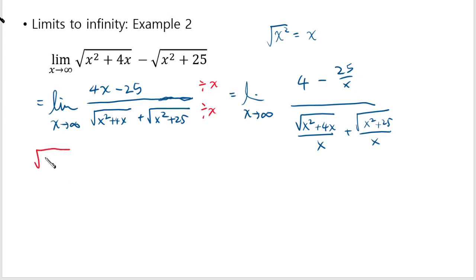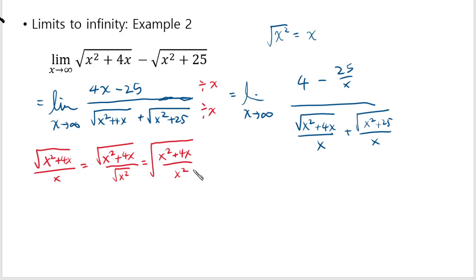You can take this part and make the denominator look like square root of x squared, so that you can put it into a single square root. Then you can take these two fractions apart and you end up with x squared divided by x squared, which is 1, and 4x divided by x squared, that's 4 over x, right? And we can do the same thing to this, and that's going to be 1 plus 25 over x squared.